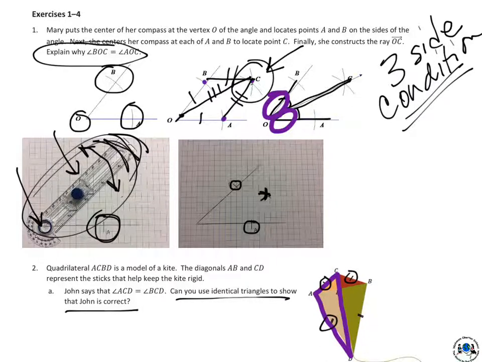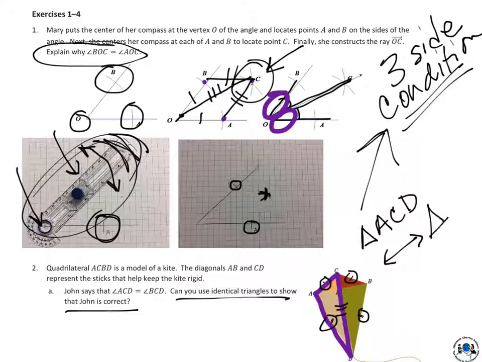And we can see we have side, side, and then, of course, the third side right here, because they both share that side. Therefore, we have a three-side condition, which was the same as above. If we have a three-side condition, then we have identical triangles. Our correspondence is triangle ACD corresponds to triangle BCD.